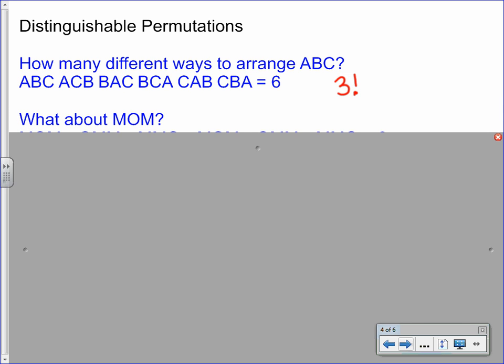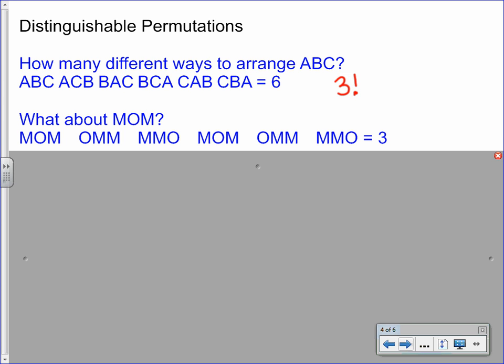Now, what about MOM? Distinguishable. So, OMM and OMM, those aren't different, are they? So I only have 3 distinguishable permutations, right?